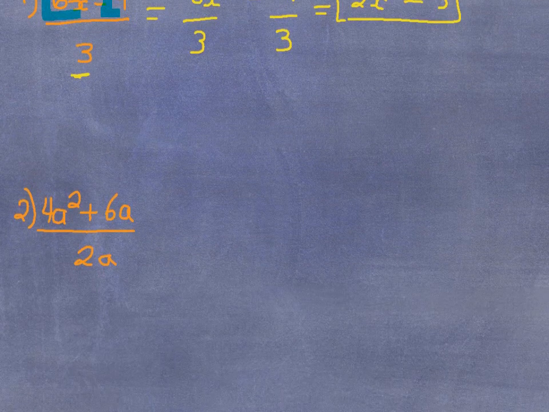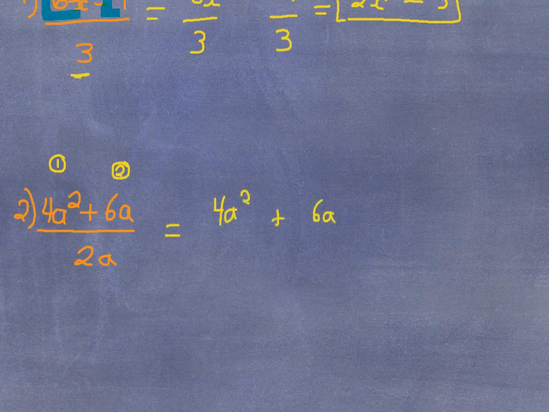Down here, again, how many terms do I have in my polynomial? I have 1 and I have 2, right? So all I'm going to do is say, okay, let me split this up, 4a squared plus 6a, by dividing each term by the monomial 2a in the bottom, and then I solve. So 4a squared divided by 2a, well, 4 divided by 2 is 2, and this is where your exponent rules come in. I have a squared over here divided by a to the 1.